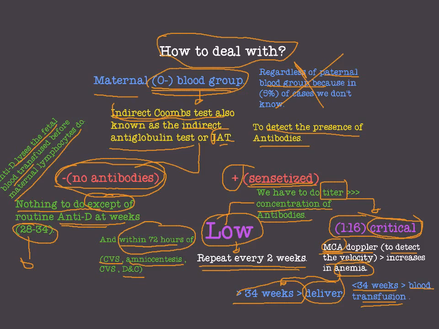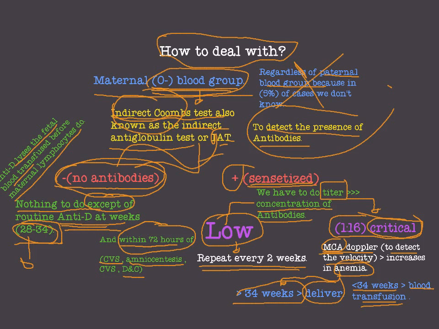So we have a mother with O negative blood. First of all, we do the indirect Coombs test to detect the presence or absence of antibodies. If we don't have antibodies, we do nothing except routine anti-D at 28 to 34 weeks, and within 72 hours of CVS, amniocentesis, D&C, or any maneuvers that may transfuse fetal blood to maternal blood.